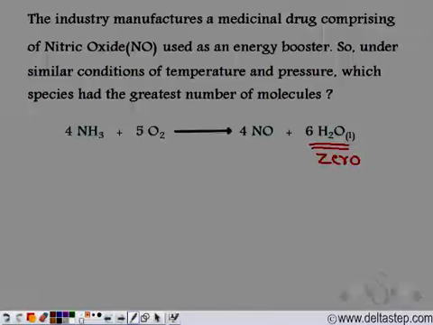By Gay-Lussac's law, we know that gases react in volumes. So ammonia reacts with oxygen in a 4:5 ratio, and ammonia produces nitric oxide in a 4:4, that is 1:1 ratio.